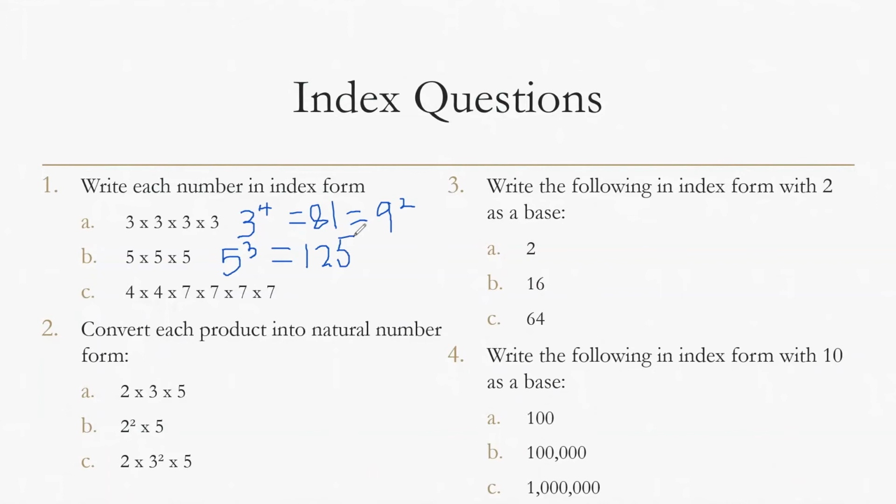All right, and for C, I think Anthony raised your hand, so do you want to try for C? Keep in mind there are two different bases. It's 4 to the power of 2 times 7 to the power of 4. Good. And how do I usually say 4 to the power of 2? 4 to the power of 2 is equivalent to 4 cubed. Wait, no, not cubed. Squared. Yes. Okay, good.